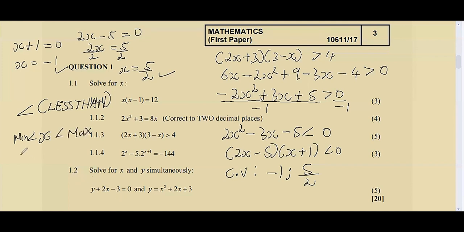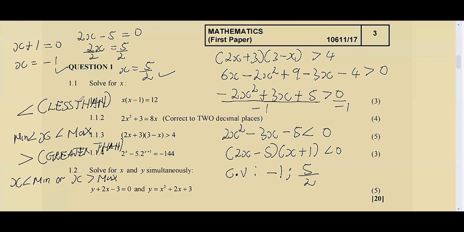But if you have a sign like this, which is the greater than sign, then your solutions are always x less than the minimum value or x greater than the maximum value. So if you have the greater than sign, then your solutions are separate like that and facing opposite directions like this.